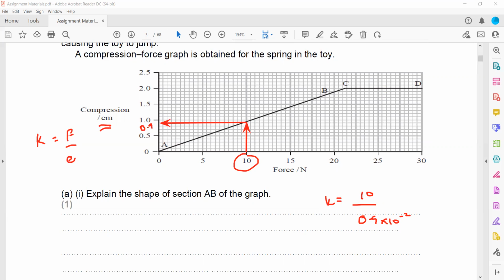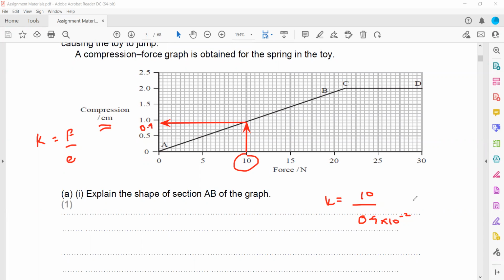It's 1111. And in the question, they're saying we have to show it's about 1000.